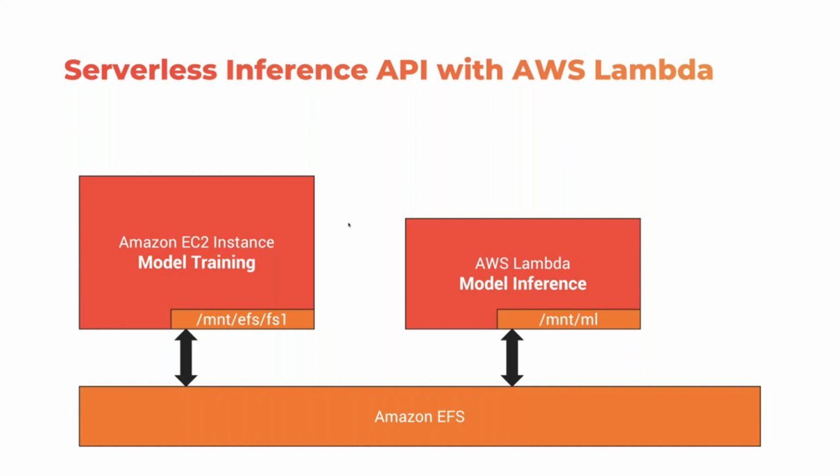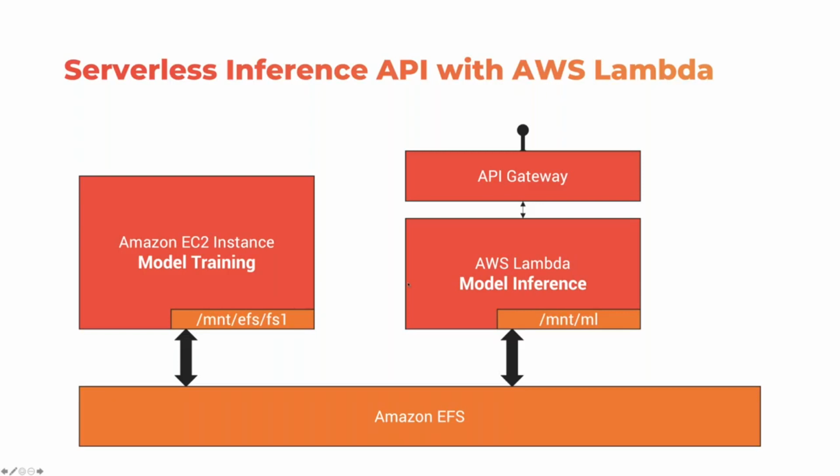And once we write this model, we are going to attach an API gateway trigger and expose the inference API. And after this, you can basically hit this endpoint and perform inferencing on the fly. Now, the beauty of this architecture and the approach is AWS Lambda will always pick up the most recent version of the model.